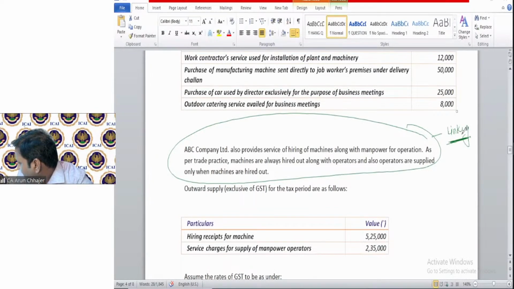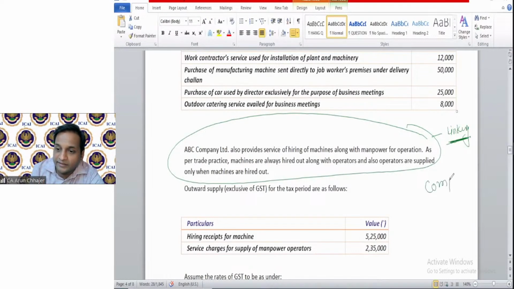Very nice. Janvi, Sriram, Pooja, thank you so much for your reply. Absolutely correct, Namrata. It becomes the composite supply. What is the principal supply in this case? You have to give the reference of section 2 clause 30, read with section 2 clause 90, and then reference of section 8.